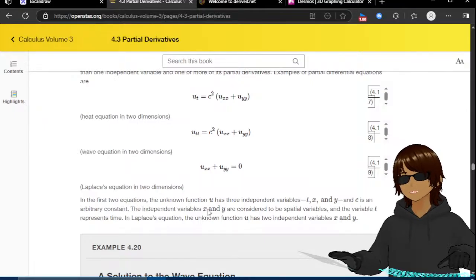The independent variables x and y are considered to be spatial variables and the variable t represents time. In Laplace's equation, the unknown function u has two independent variables x and y.